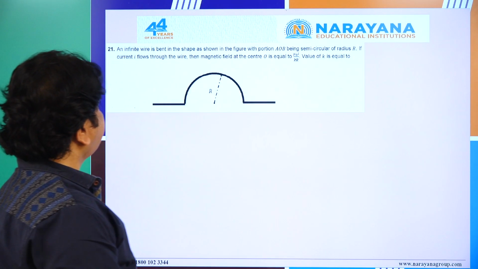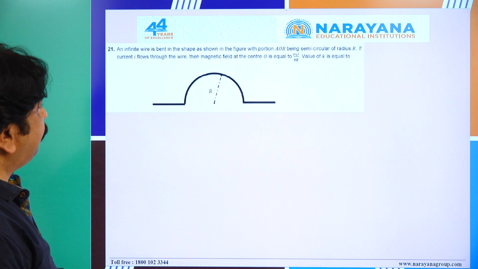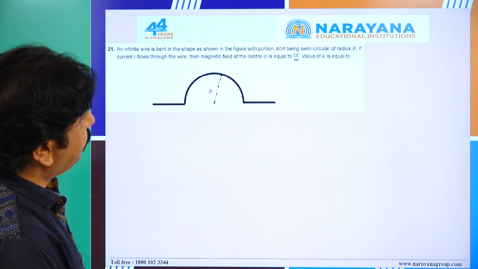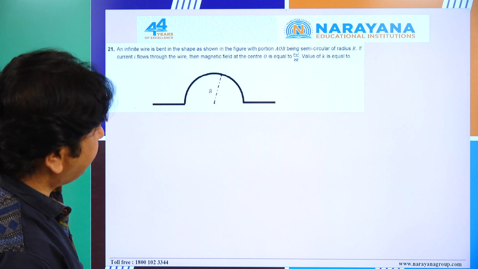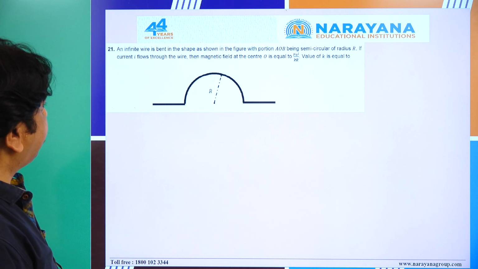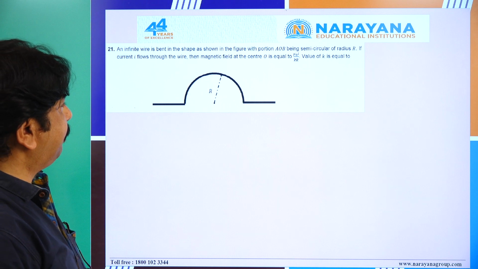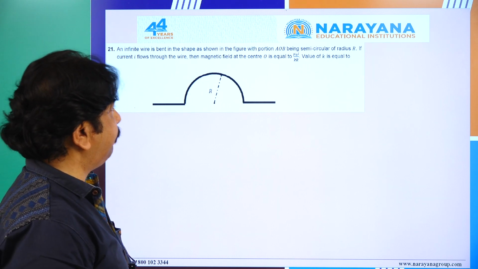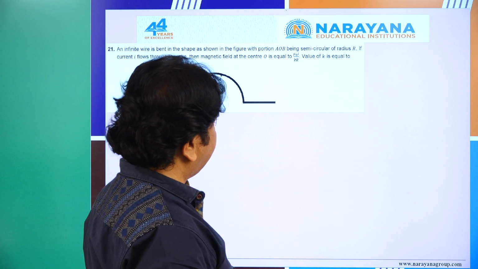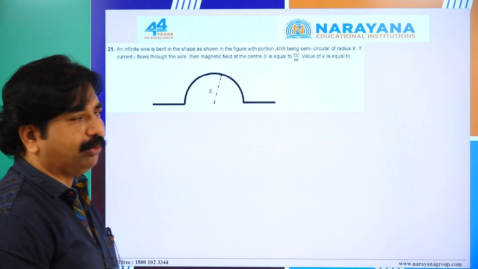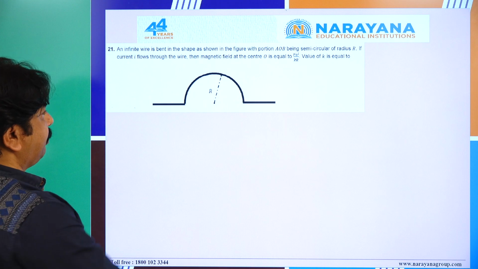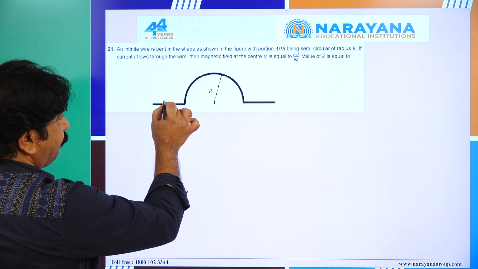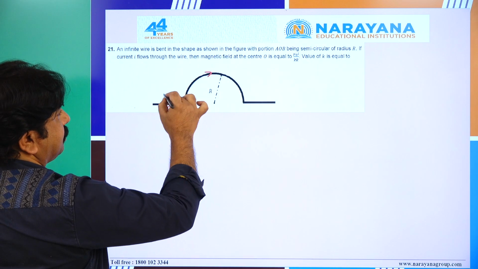Next one. An infinite wire is bent to the shape shown in the figure, with the portion AOB being semicircular of radius r. If current I flows through the wire, the magnetic field at the center O is equal to mu naught I by K r. We have to find the value of K. I am considering the current flowing like this.